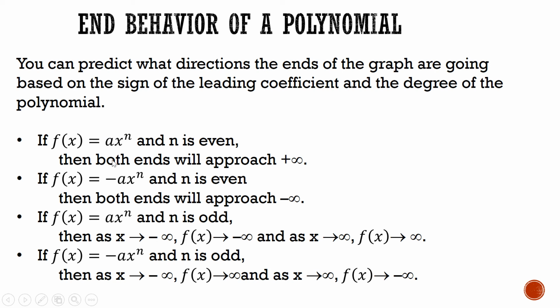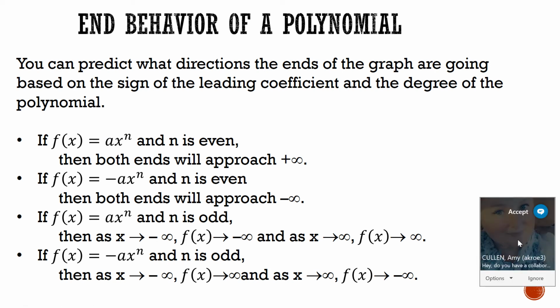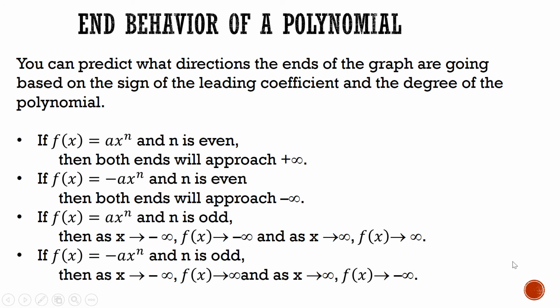If a is positive and n is even, then both ends will approach positive infinity. So as x approaches negative infinity, y will approach positive infinity. And as x approaches positive infinity, y will approach positive infinity. If the coefficient a is negative and n is even, then both ends are going to approach negative infinity.